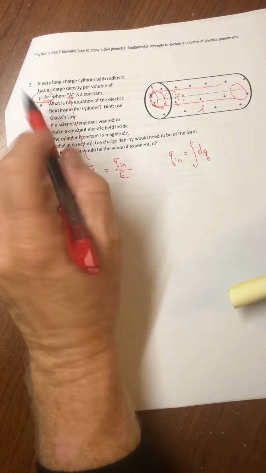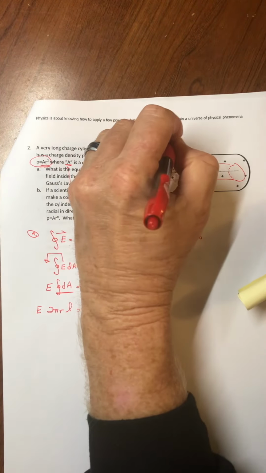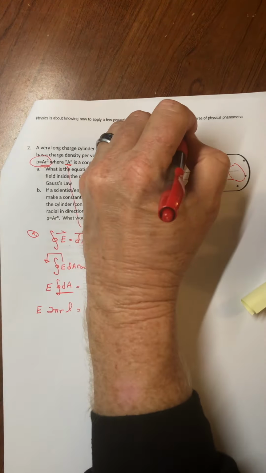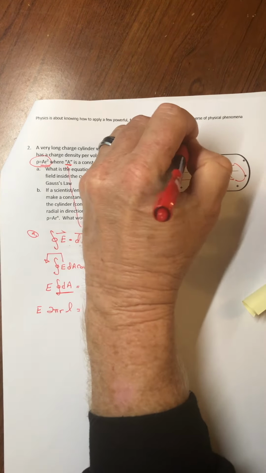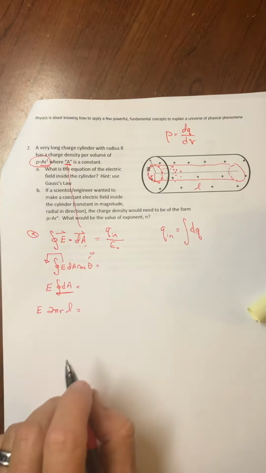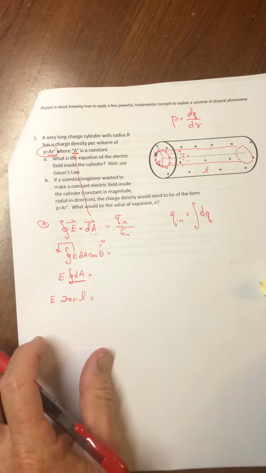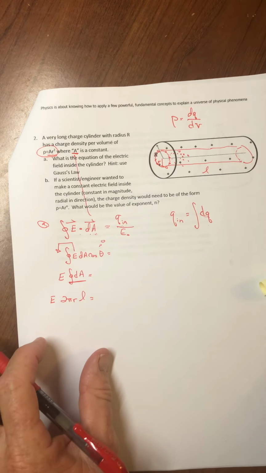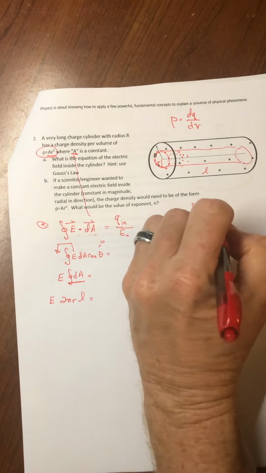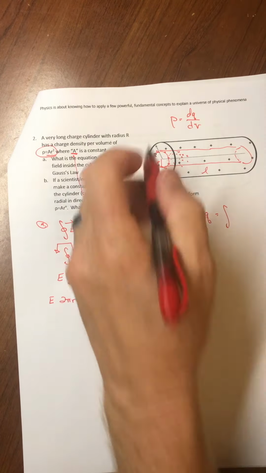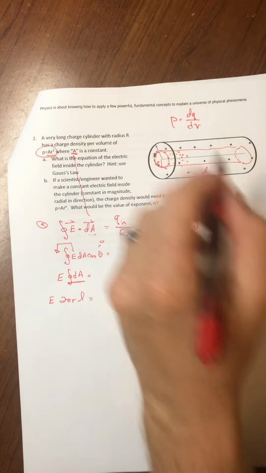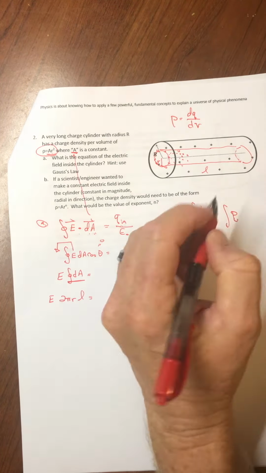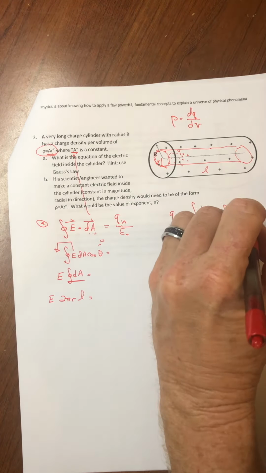Well, that's where this idea of density comes from. Density, of course, is how much charge do you have in a little bit of volume, okay? And that's where I will substitute then a little chunk of charge for the density at that location times the volume.